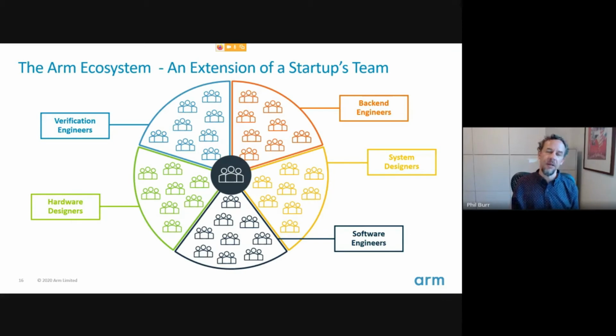So that could be a team to help in the system design. It could be a company that is brought in to help with verification, or it could be software engineers that are helping the design. But it just, again, helps in speeding up and getting access to that huge talent that's available and supplementing a startup's own design.